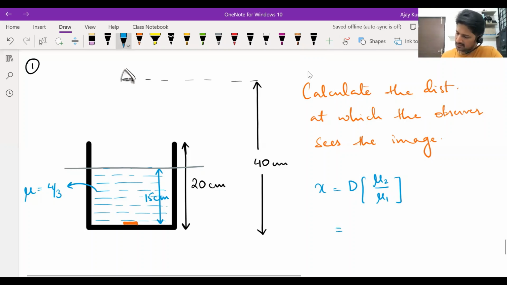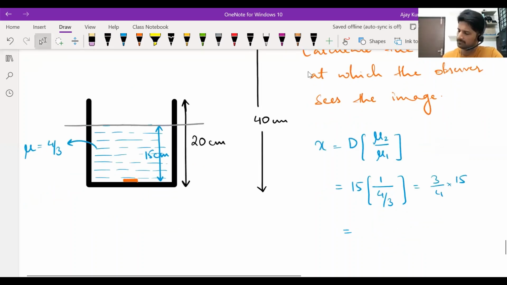So the real depth from the interface is 15 centimeters multiplied with, observer is in air, object is in water, water refractive index is 4/3. So the apparent depth will be 3/4 of 15. 15 times 3 is 45. 45 divided by 4 is 11.25 centimeters.